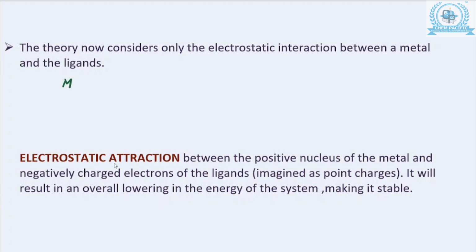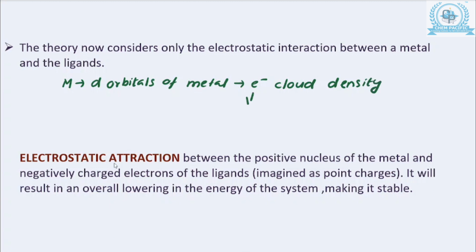In this case, the d orbitals of metals are nothing but electron cloud density, and they create repulsion with the ligands, since ligands are considered as point negative charge. They create repulsion.